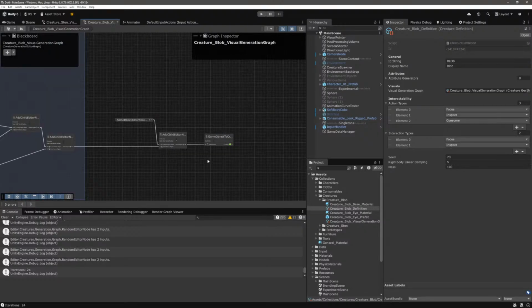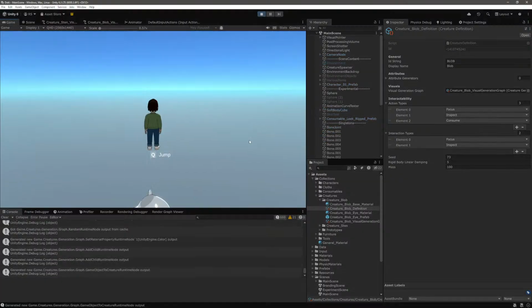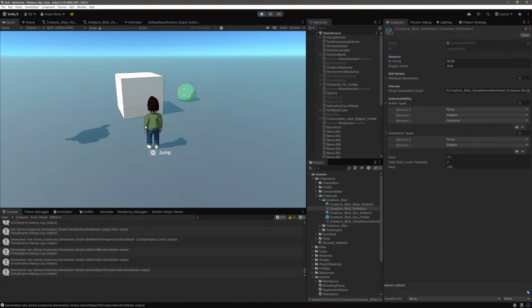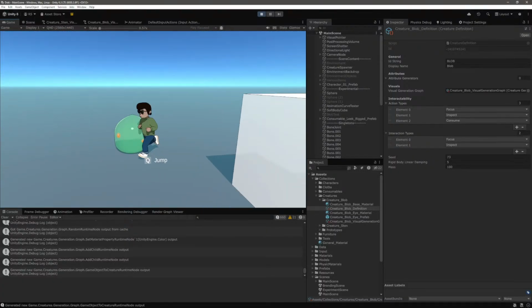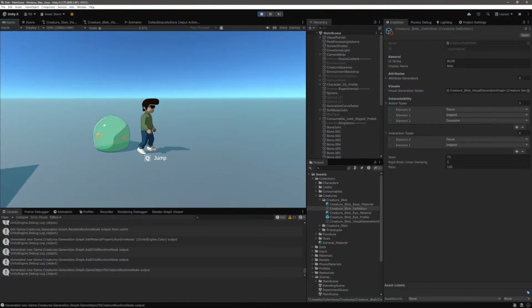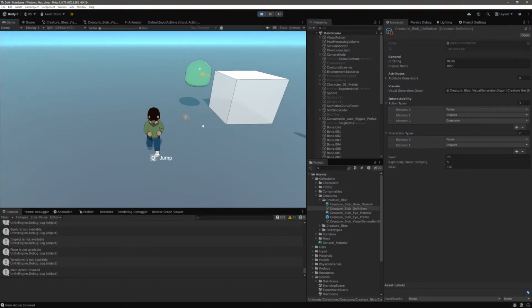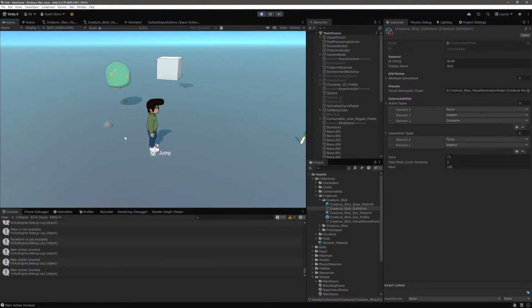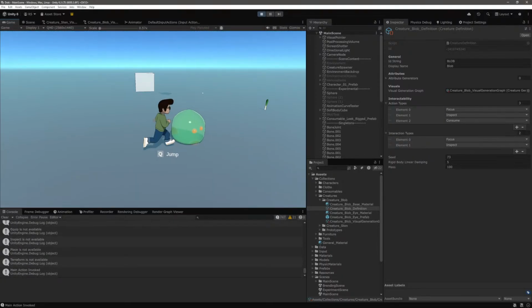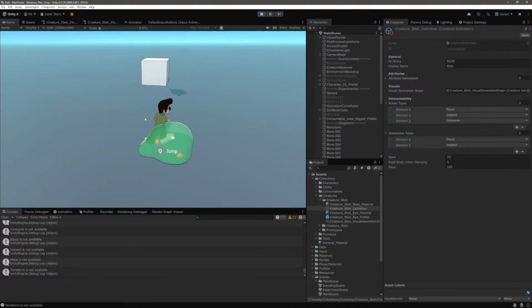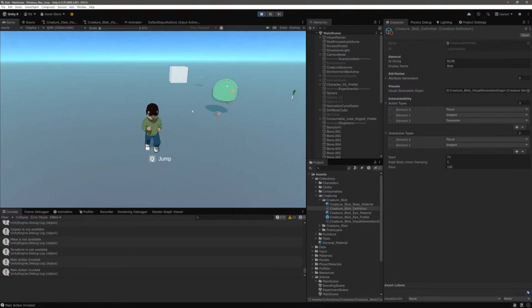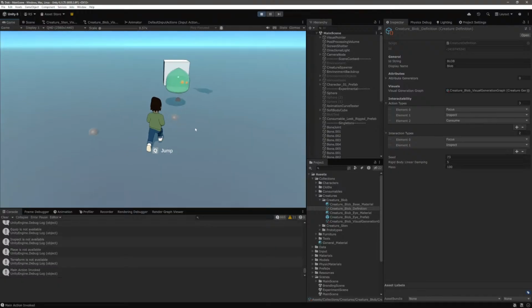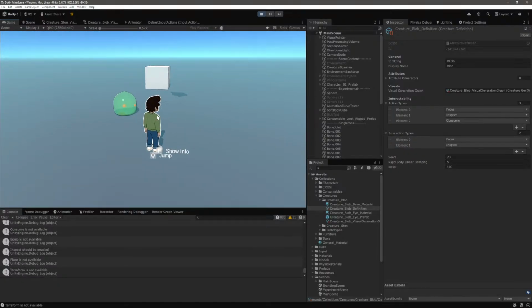Let's add back the eyes as well. Okay, this one is pretty good as well. Okay, let's run with this blob today.